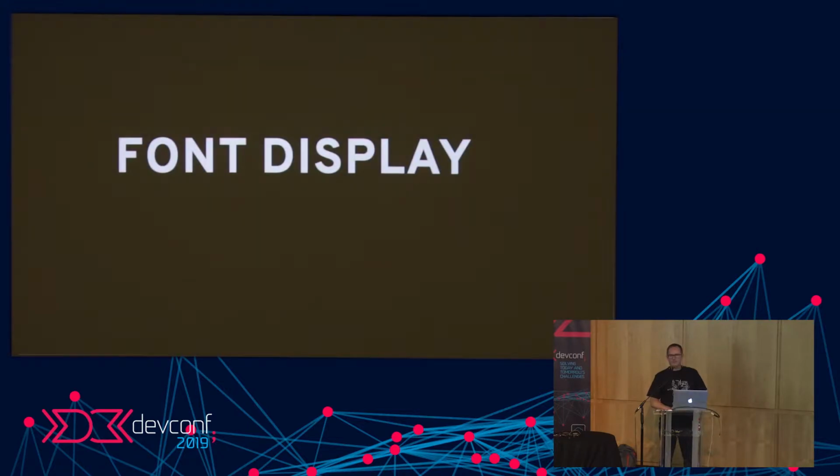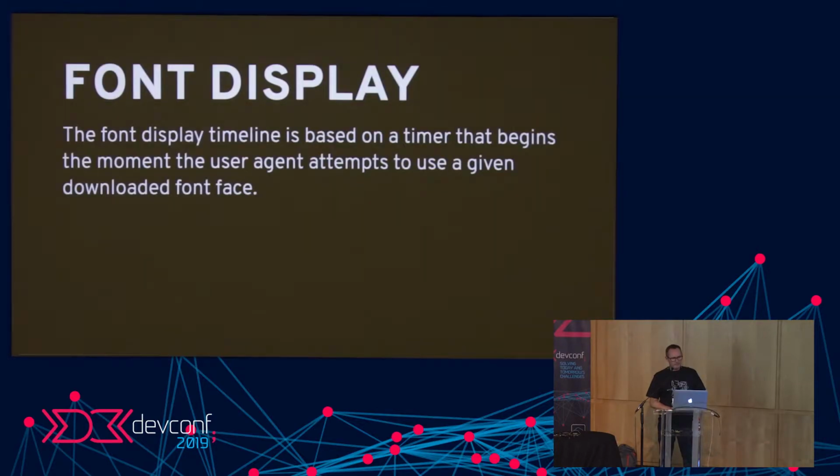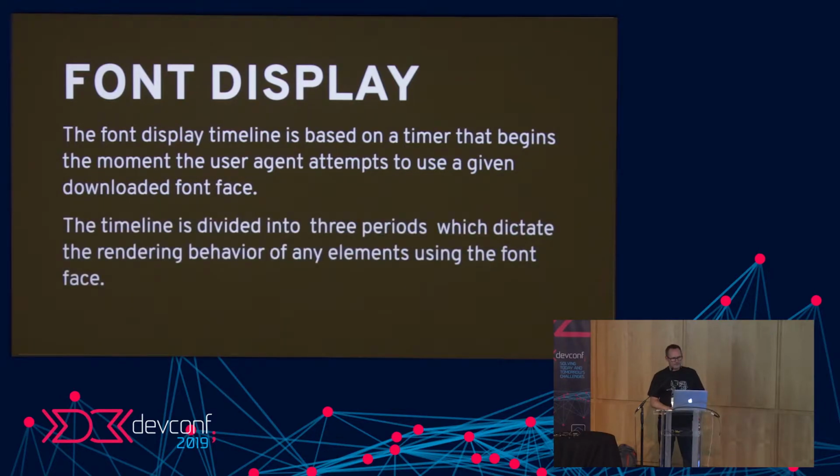Fortunately, we have a CSS solution to this problem, and that is a new property called font-display. Font-display sets up a timer when you hit a URL, and once it starts to download something, it gives you a few timing settings.